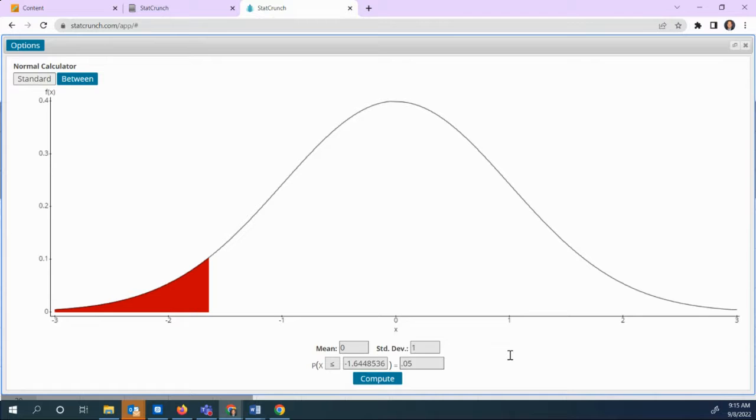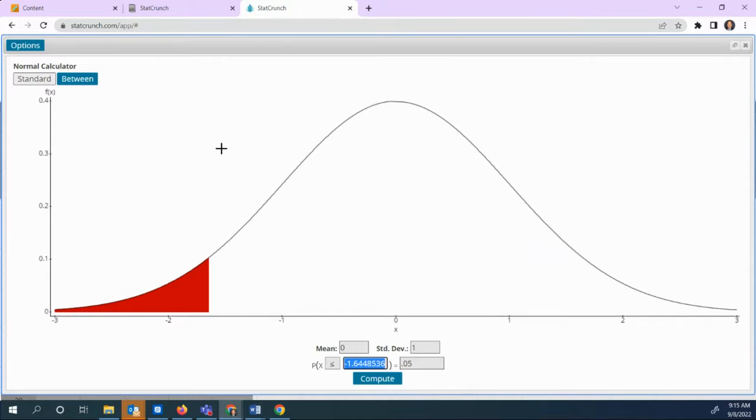When you get to the last section of this chapter, it will ask you a few questions like this. It'll say, hey, what's the cutoff for the bottom 5%? Well, in that case, you can use this calculator to find the z-score, right?